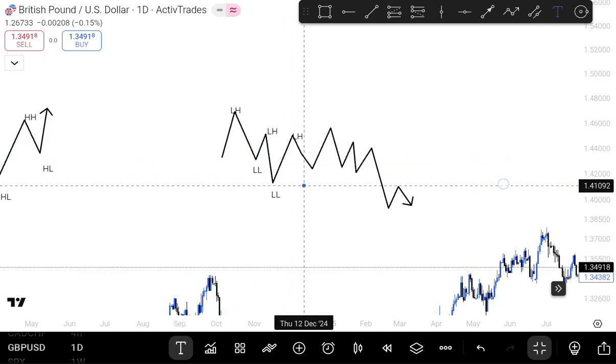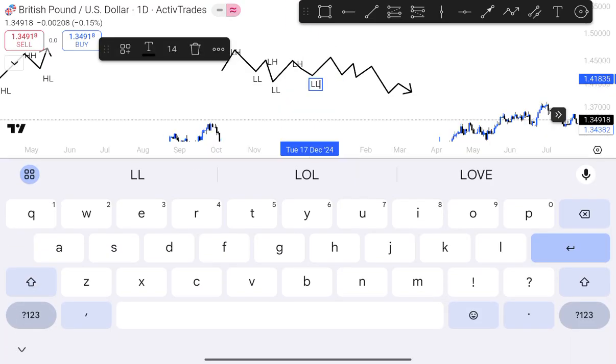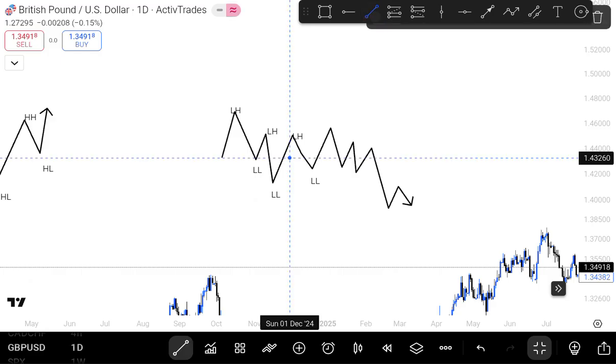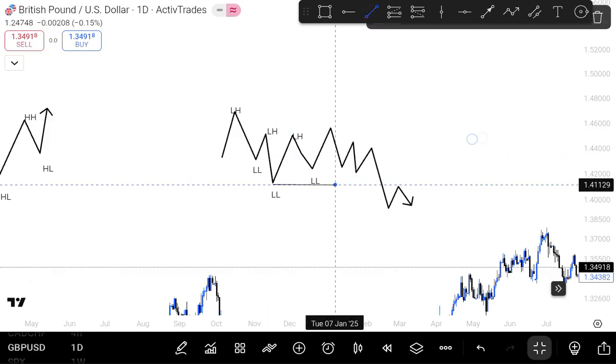When the market comes to this side, it gives us a lower low, which is above this extreme lower low. It is above it, you can see.